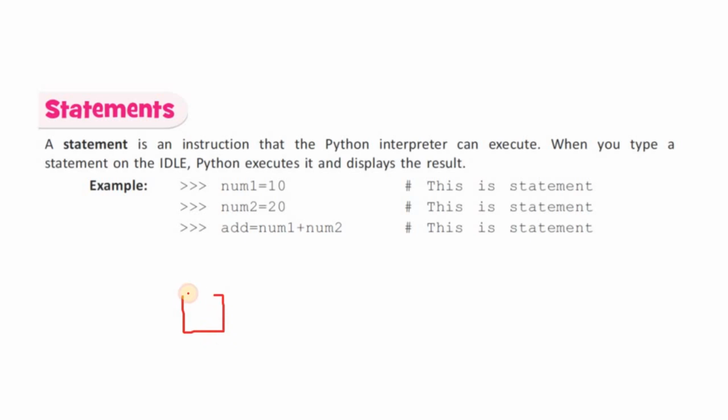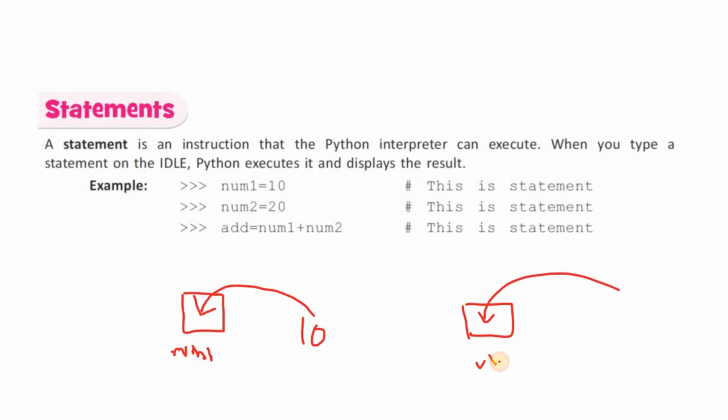This num1 is a memory space in the computer, and it now stores the value 10 in it. Next, num2 equal to 20. Again, num2 is yet another memory space which is named num2, and here 20 is being stored. Another statement is add equal to num1 plus num2. So here you are doing a sort of addition, right?